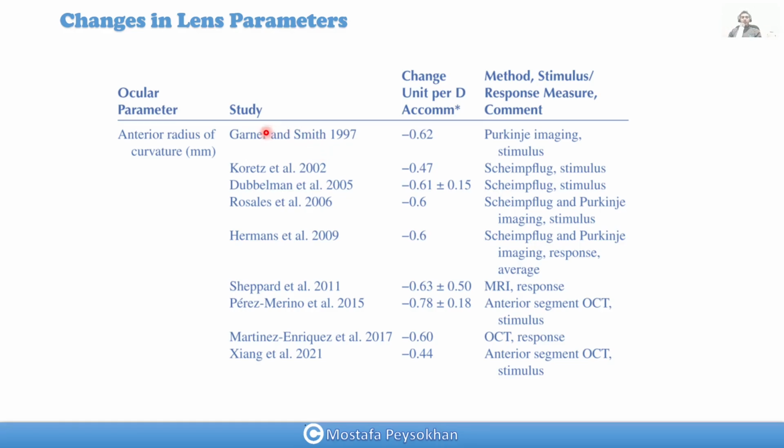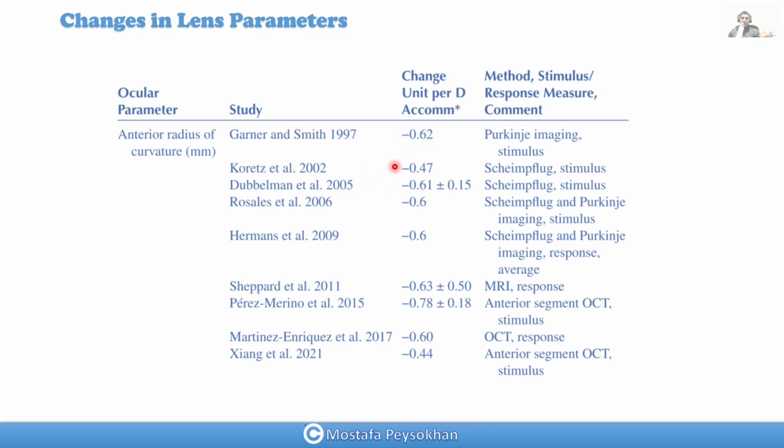For example, the anterior radius of curvature of the lens per diopter is negative 0.62. So for each 1 diopter of accommodation, that parameter changes by negative 0.62, which makes sense.